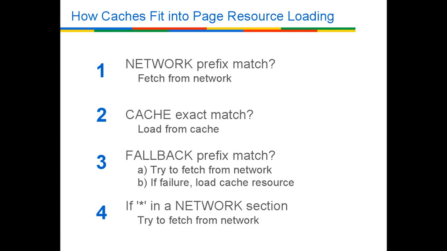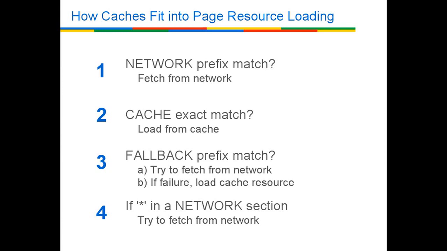Next, it looks to see if there's any fallback prefix matches. So at this point, it's already tried loading any network stuff. It's already checked to see if it just has an exact match in the cache. And now we're looking to see for any of these kind of not found sort of resources, which are a bit weird. And if that's the case, and if there's a prefix match, then it tries to fetch the resource from the network.